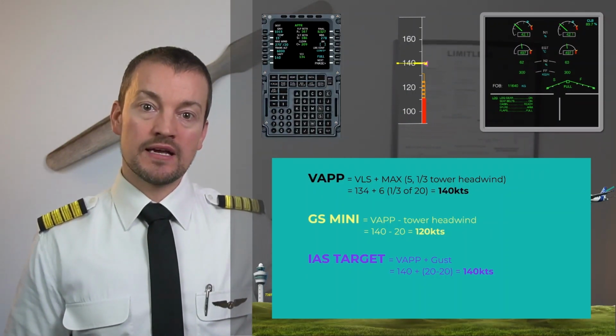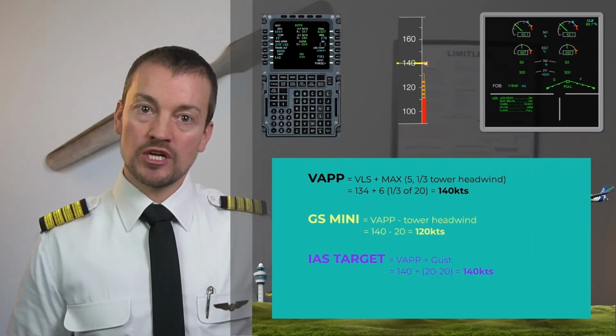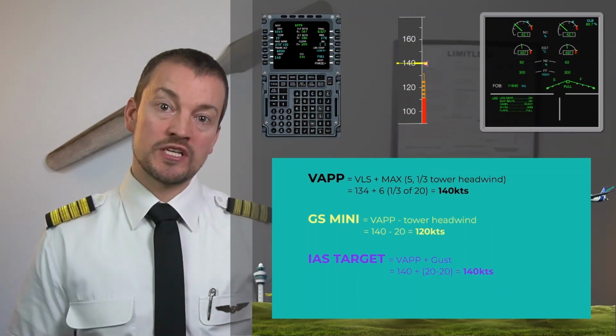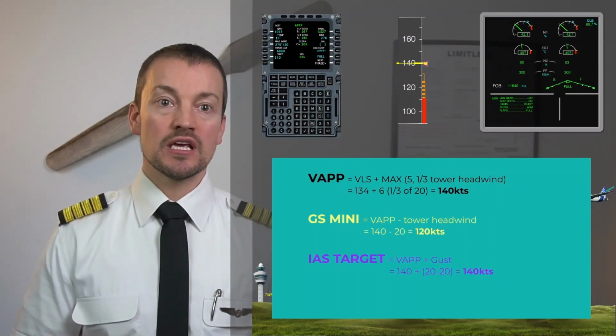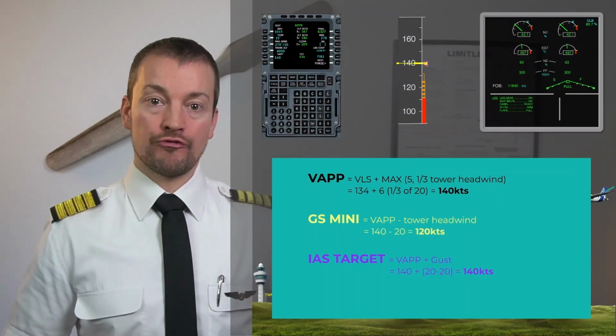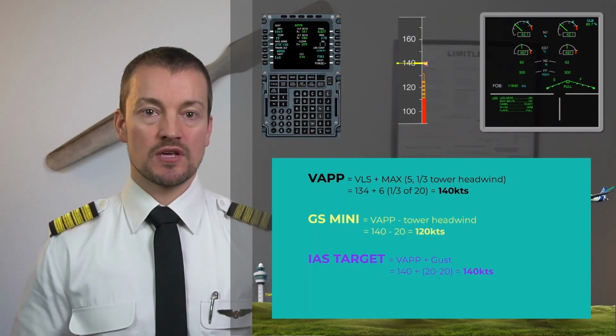So you can then take 140 plus the 20 knots we reported on the ground and the 20 knots which the ADIRS is actually experiencing at a given time, and it gives you a target of 140. That is the target you see right there. This is what the aircraft is flying.